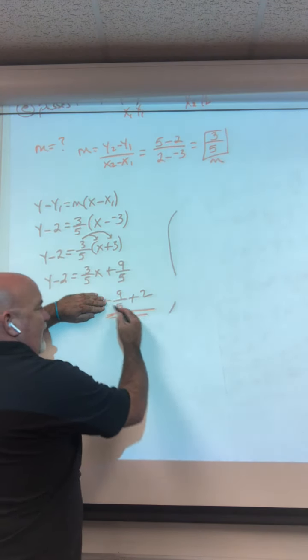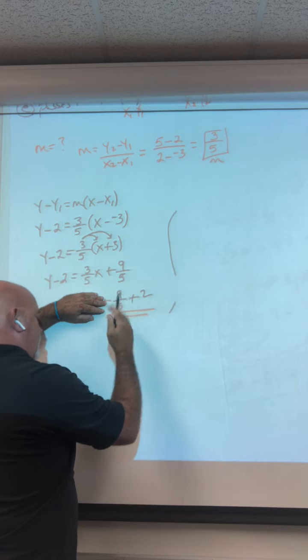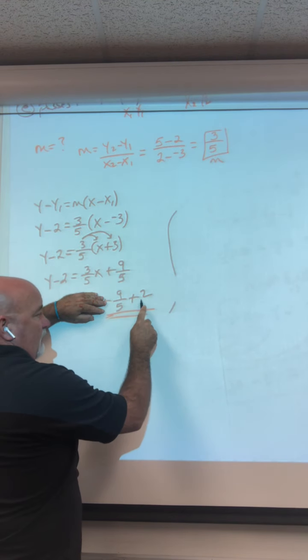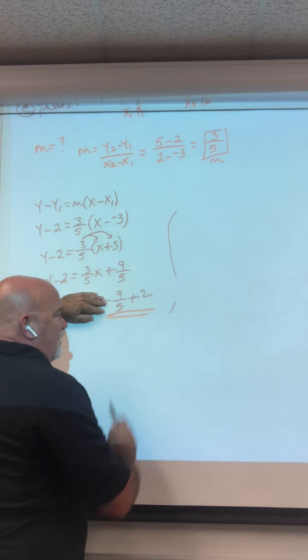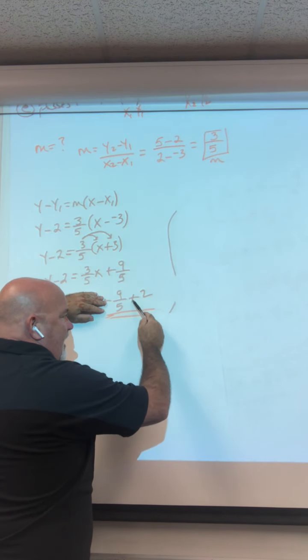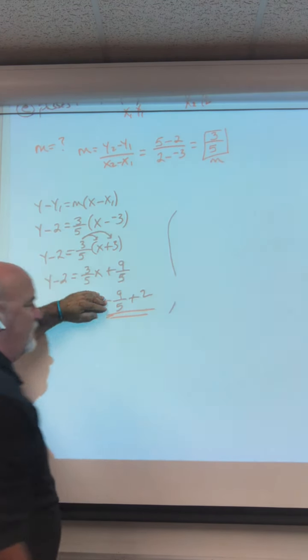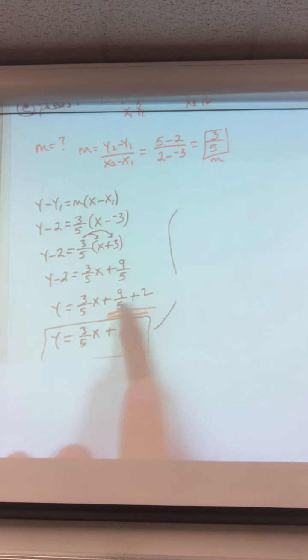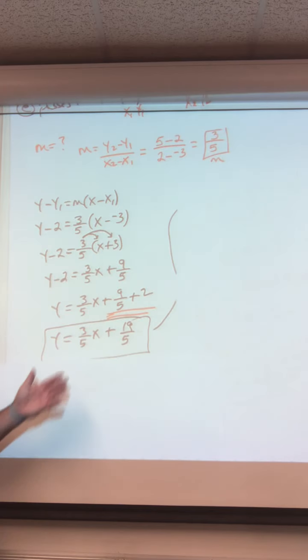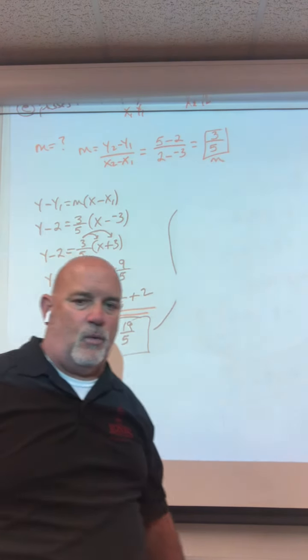But you can add these 2. Remember the way you do that, either use your calculator or write this 2/1. The common denominator is 5. So this would be 9/5 plus 10/5, which is 19/5. So all I did was get a common denominator and add those 2 fractions together. All right, this is your answer if you're asked to give it in slope-intercept form.